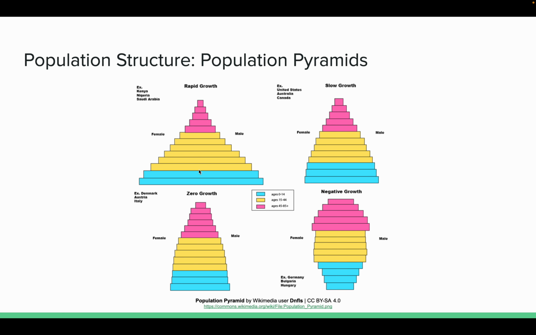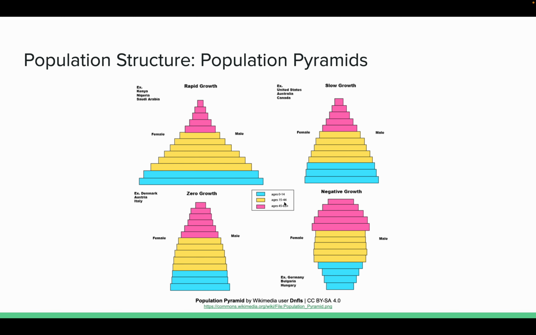So in this first one here, where we're looking at examples such as Kenya, Nigeria, and Saudi Arabia, you can see that the highest percentage of individuals are in this blue category, the youngest individuals. And you can see that it kind of just steps off like a pyramid upwards towards the maximum lifespan up at the top here.